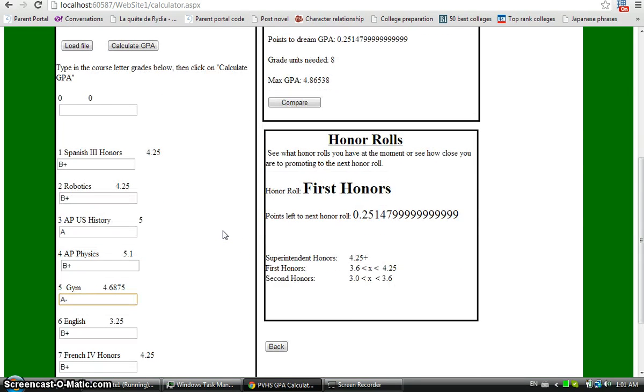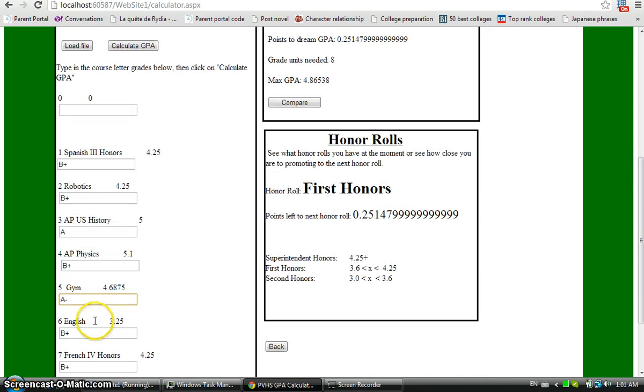That means that your GPA is gonna increase by a lot more if you go from something plus to something minus, as opposed to just something minus to something, or something to a something plus.